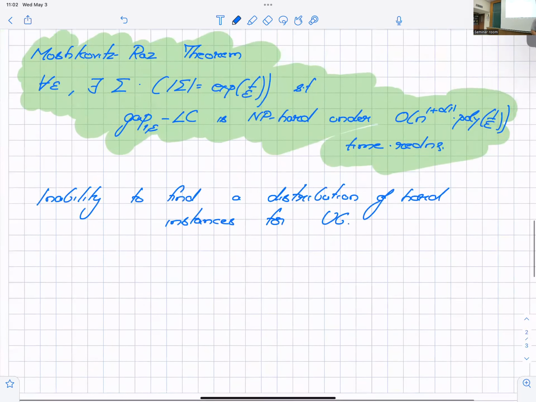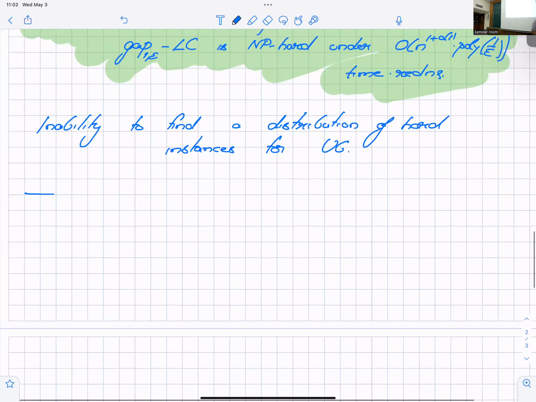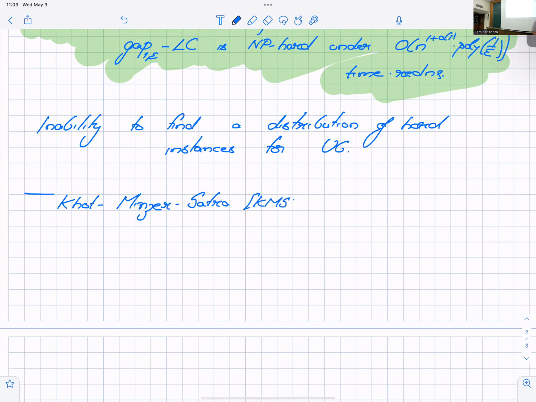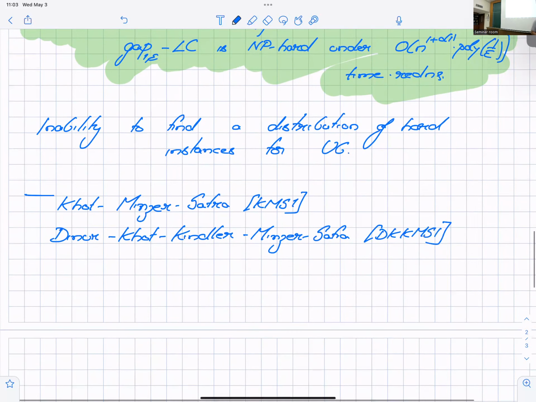But what happened in the remarkable sequence of results due to 4 papers: Dinur, Khot, Kindler, Minzer, Safra, KMS 1, DKKMS 1, then DKKMS 2, and KMS 2.